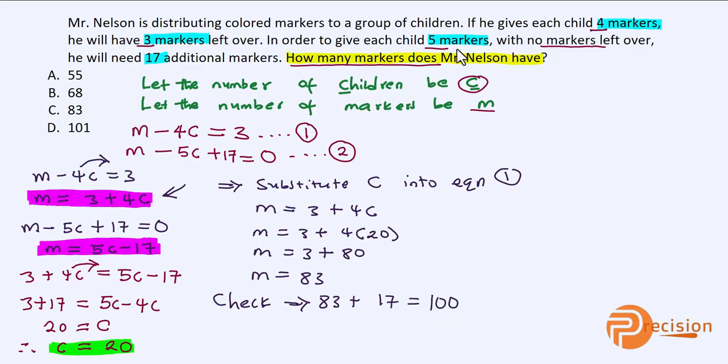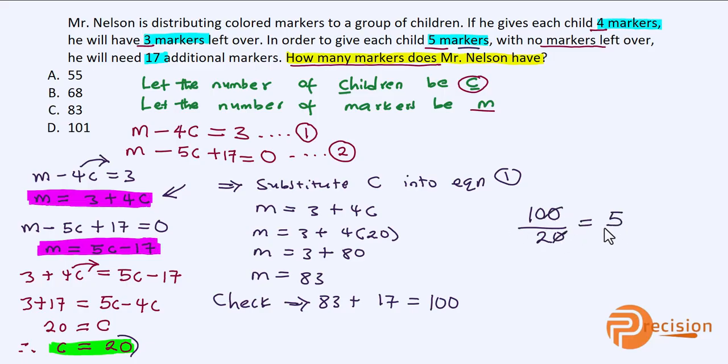And they said for the second equation, in order to give each child 5 markers. So let's do 100 divided by 20. That's the number of children, because now we know he has a total of 100 markers. So let's divide it by the number of children, which we solved for as C. And 0 cancels 0. 10 divided by 2 is 5.